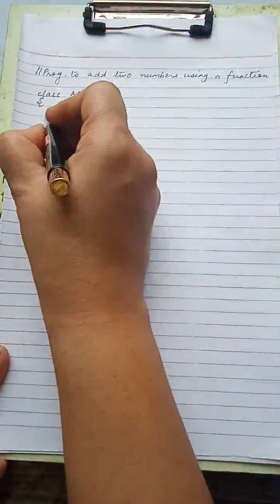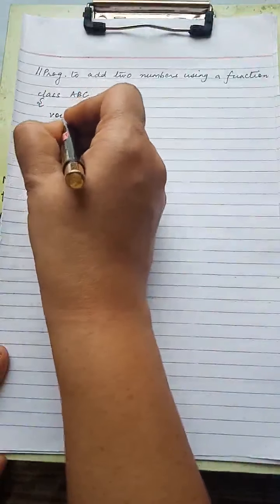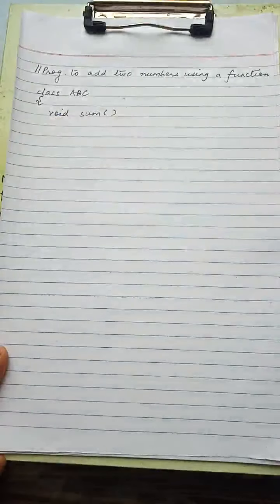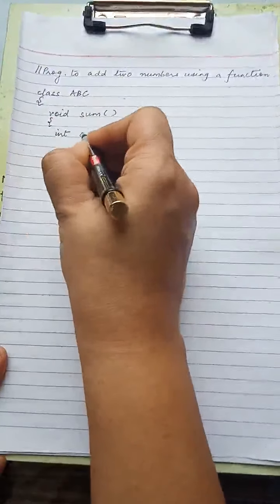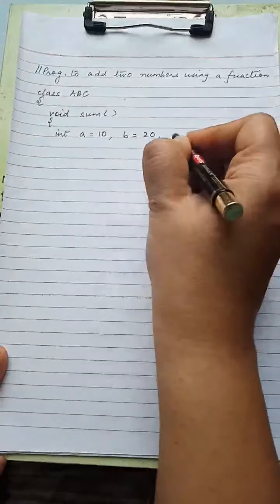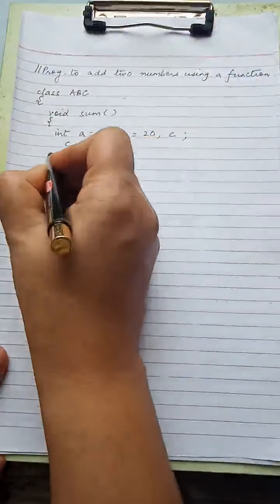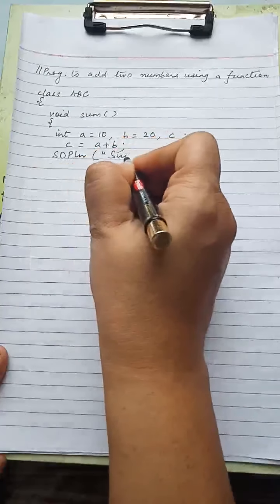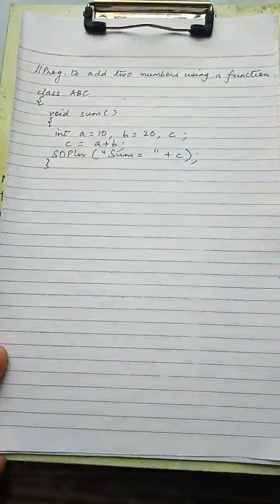Then I will declare a user defined function first of all. void sum. I am not passing any parameters here. I am writing here int a equals 10, b equals 20 and c equals a plus b, System.out.println sum equals c, and the function is ending.